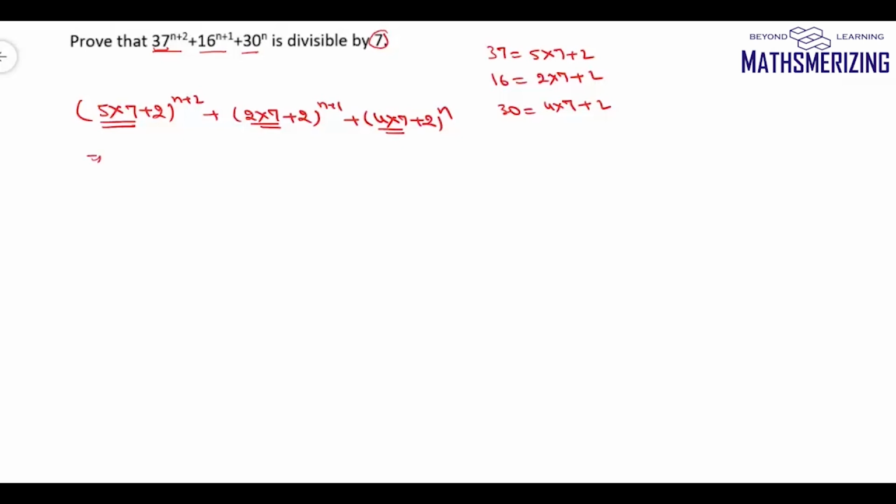Then I'm left with 2 to the power of n plus 2, 2 to the power of n plus 1, and then 2 to the power of n. If I take 2 to the power n common, I'll get 2 squared plus 2 plus 1, and it'll be 2 to the power n into 7, which again is a multiple of 7.